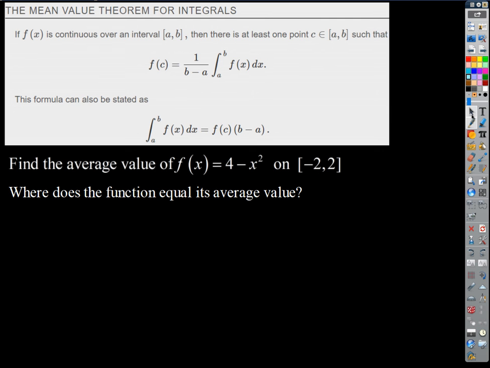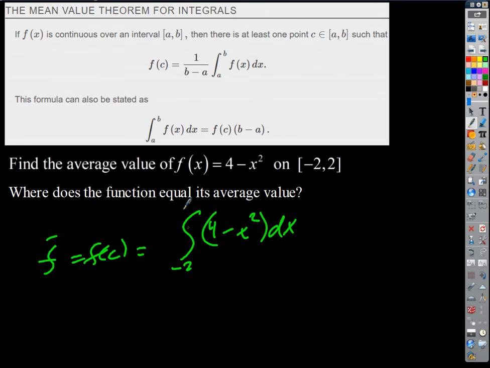So we would just say then that f bar, or if you want to call it f of c, in the language of the mean value theorem, it's just going to give us the integral of 4 minus x squared dx from -2 to 2 divided by 2 minus -2, so divided by 4. Right?